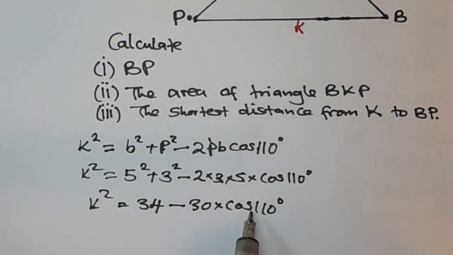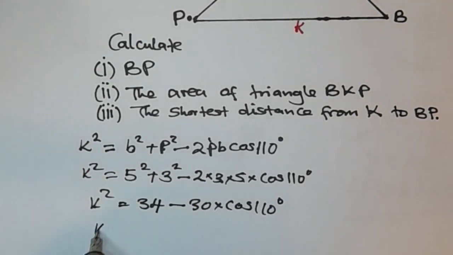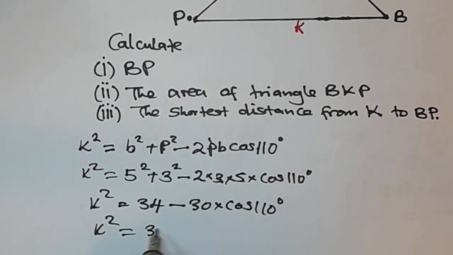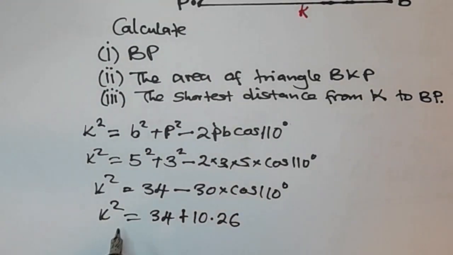So a negative number times this negative 30, you're going to have a positive number. And so if you punch it in the calculator, you're going to have 34 plus 10.26. When you add this, you're going to have k squared is equal to 44.26.